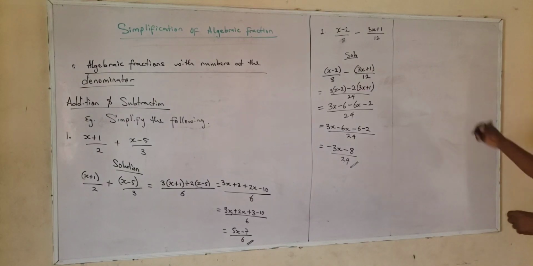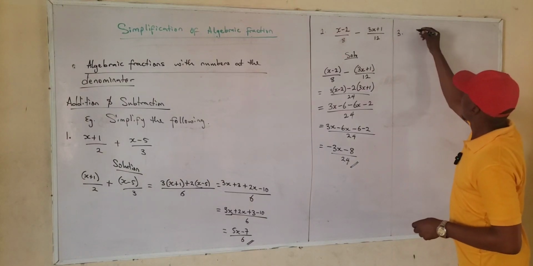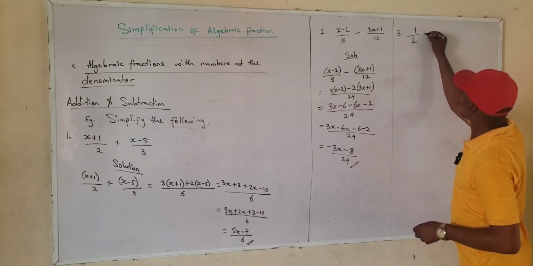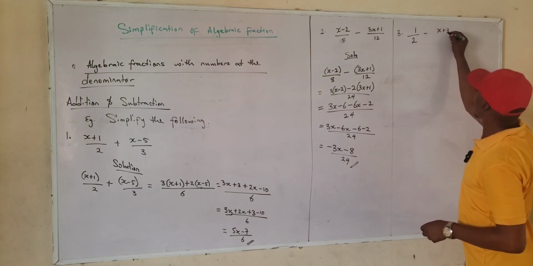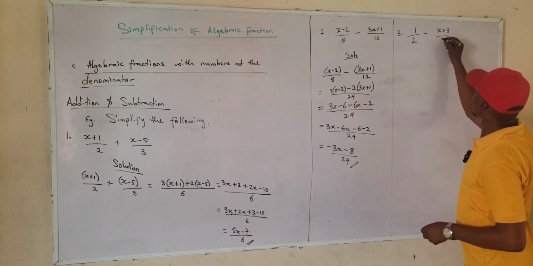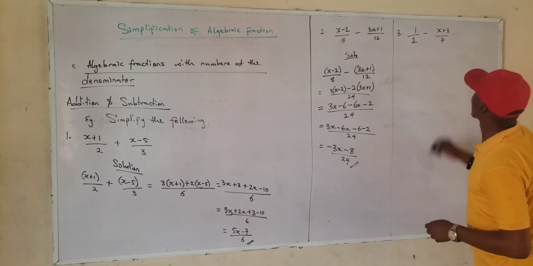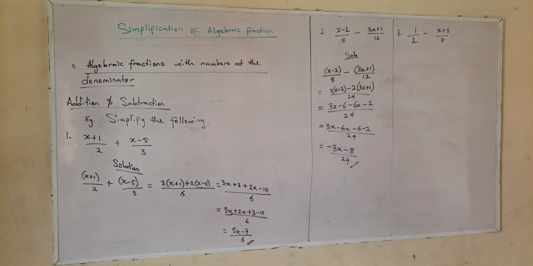So let's do that here. Number 3, let's have 1 over 2 minus s plus 3 over, let's say, 7. Okay, 1 over 2 minus s plus 3 over 7.